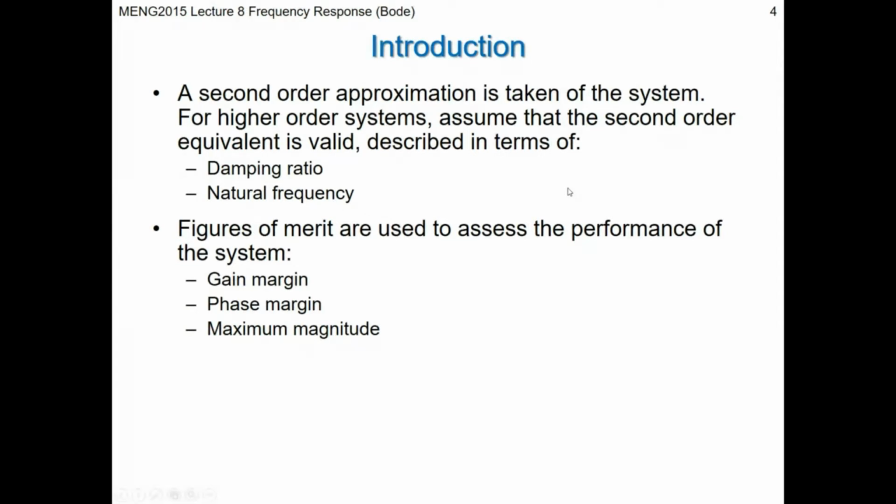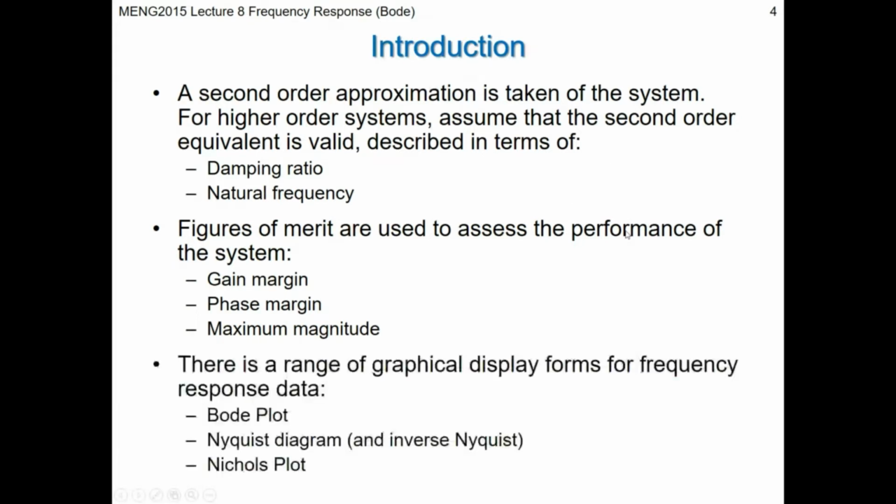Now, when we're dealing with a frequency response, we have new figures of merit, or let's say proxies for the performance of the system. Those are the ones listed here: gain margin, phase margin, and maximum magnitude. The two more important ones of those three are the gain and phase margins.